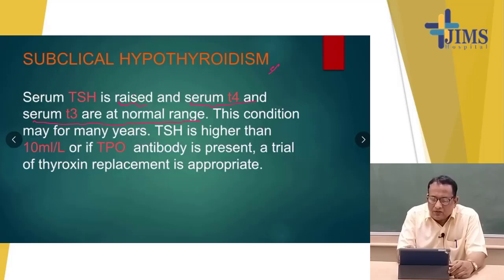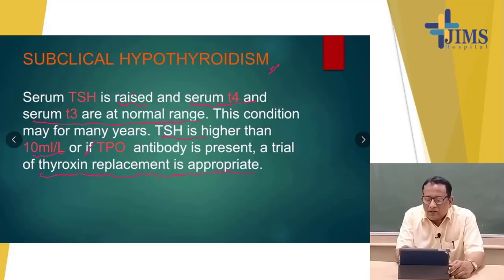subclinical hypothyroidism. Clinically, there may not be features, but this will ultimately turn into hypothyroidism. This condition may go on for many years, and if TSH is higher than 10 milli-units per liter, or if the TPO antibody is present, then a trial of thyroxine replacement is appropriate.